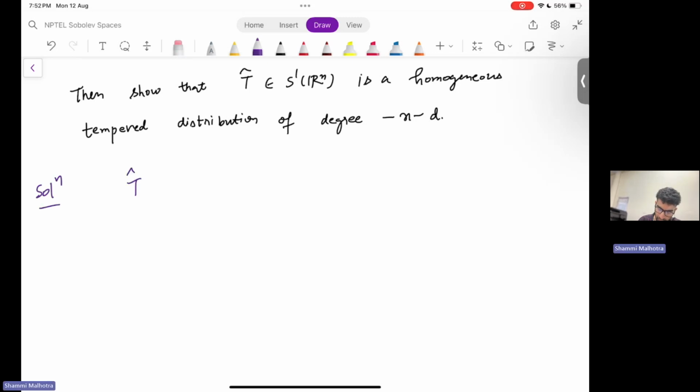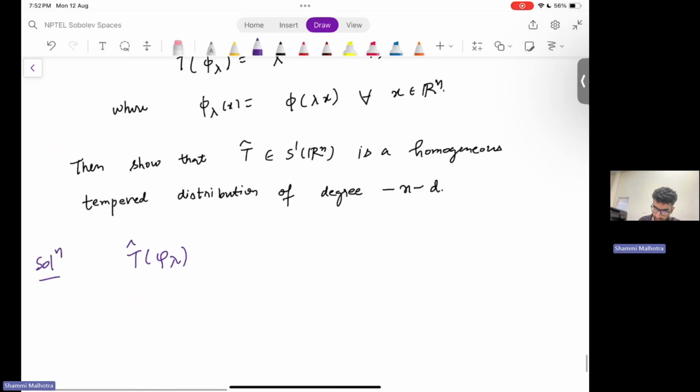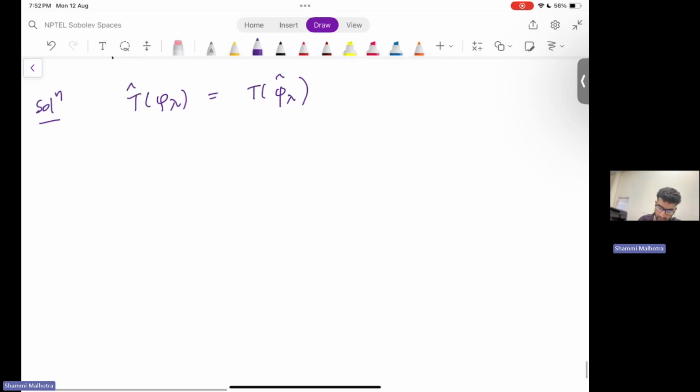So I have to consider T hat of phi lambda. By definition of Fourier transformation, this is nothing but T of the Fourier transformation of phi lambda. So let us consider what phi lambda hat at xi is.